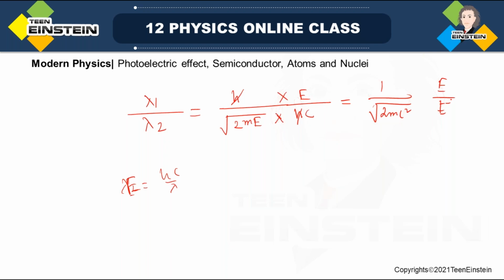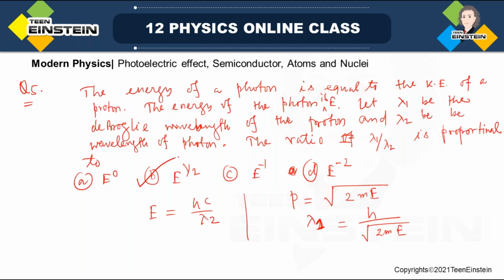Lambda 2 was hc by E. So the ratio lambda 1 by lambda 2 has a constant factor and is proportional to 1 by root of E, that is E to the power minus half. Is there any option? That is the answer for this question.